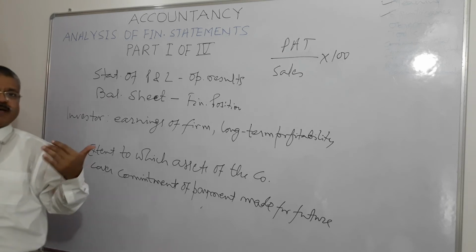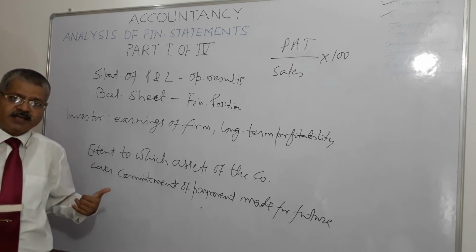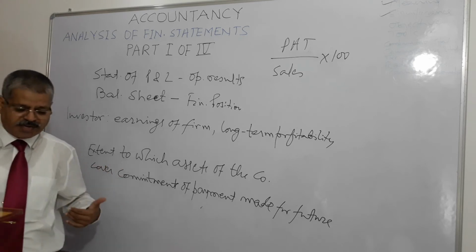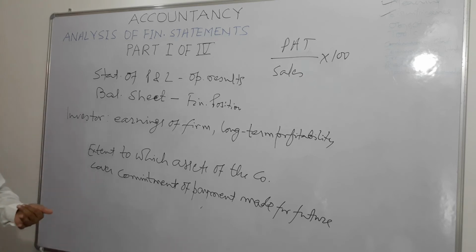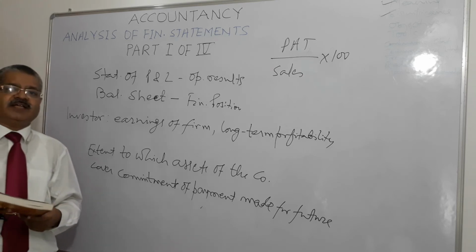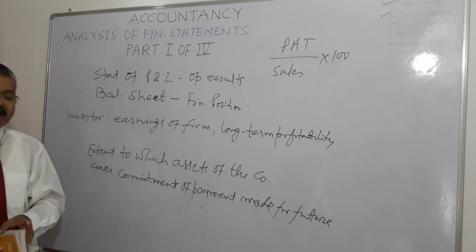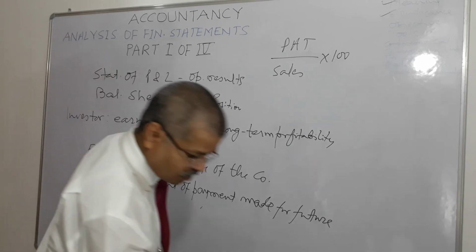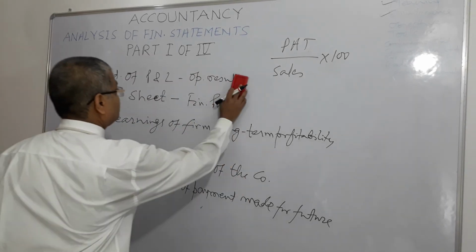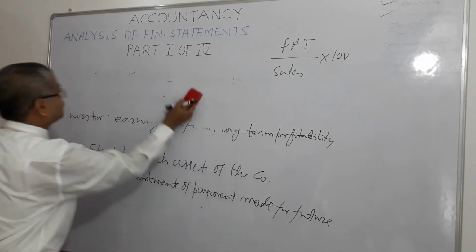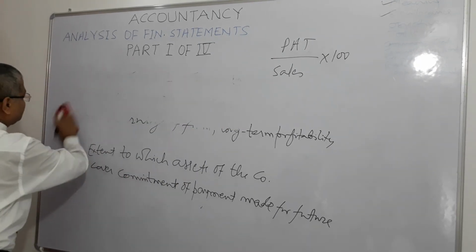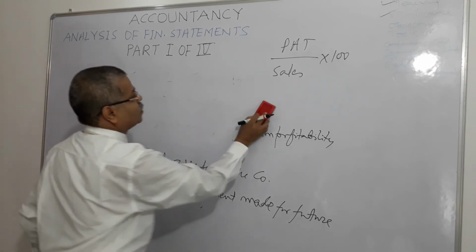You are a finance manager. Then you are top management. You are an economist or a researcher or the government. So, the main objective of analysis of financial statements of any company or all companies will be knowing about their current profitability, right?